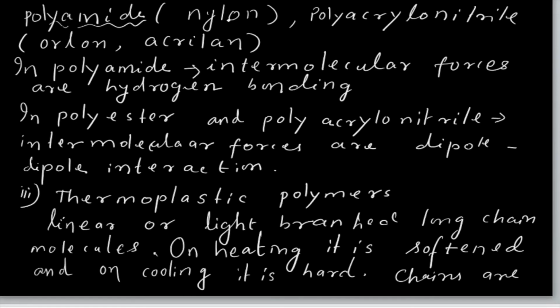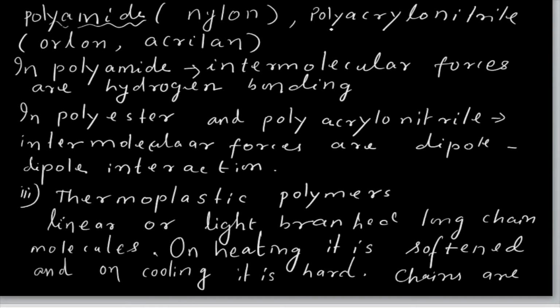An example is nylon. Polyacrylonitrile also. What is nylon? Later I will explain, but commercially one should know nylon rope. You say bring one nylon rope, nylon material. That means it is very important in our commercial daily life.